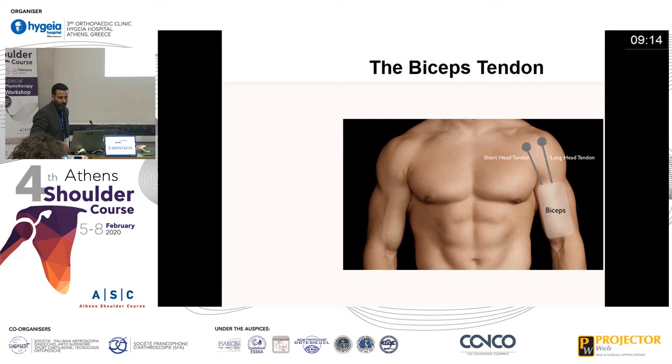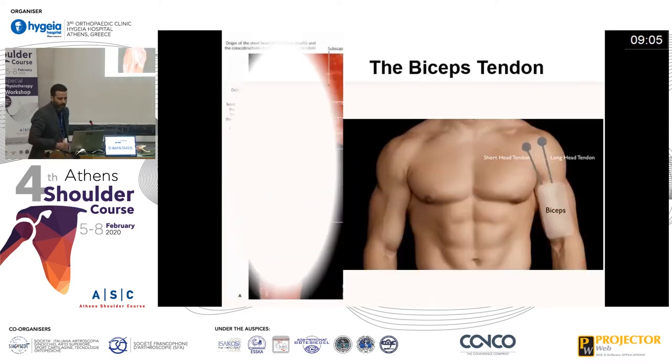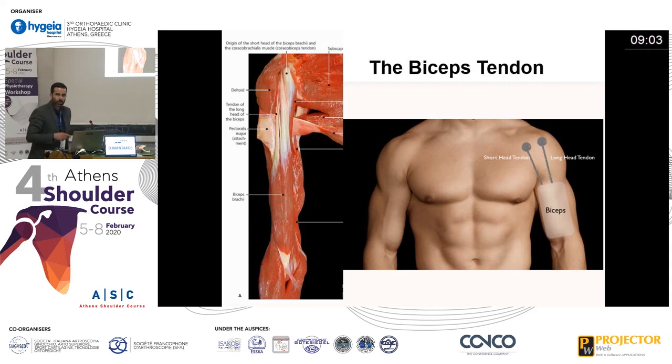It anchors from the radial tuberosity below the elbow and goes up with two tendons: the long head of biceps, which goes inside the shoulder articulation, and the short head of biceps, which goes to the coracoid process.